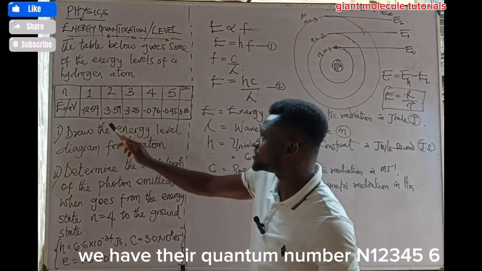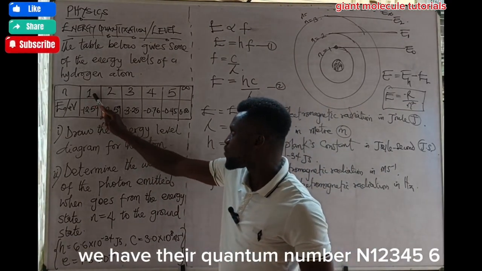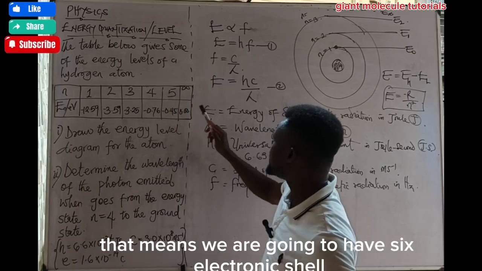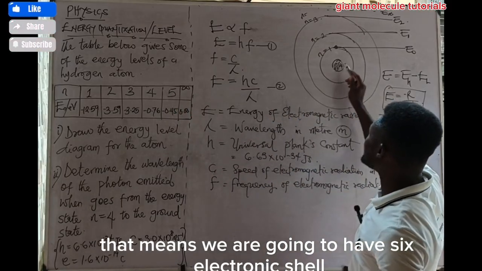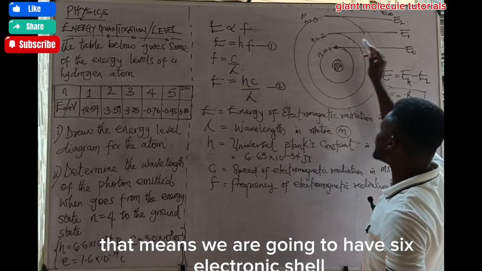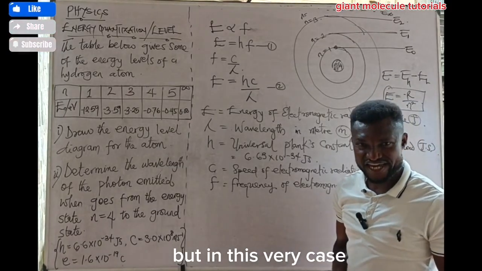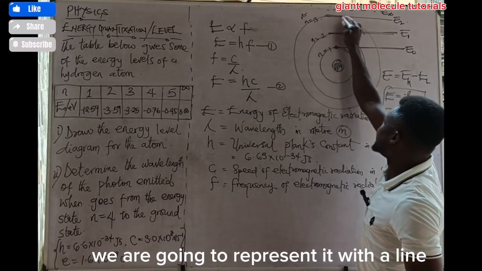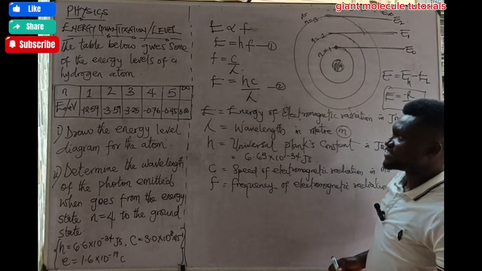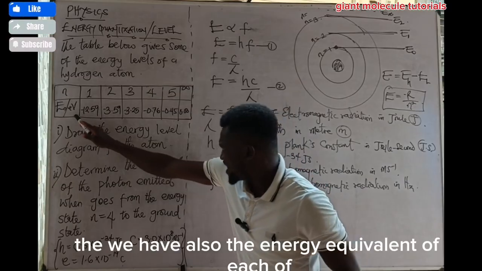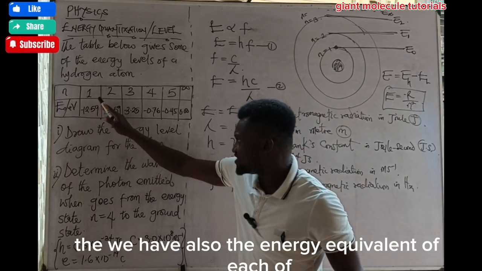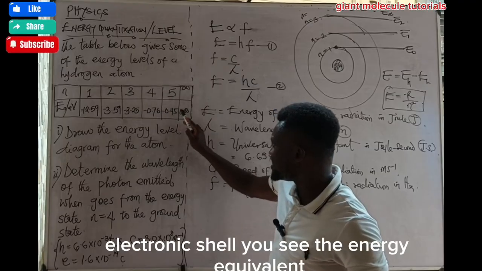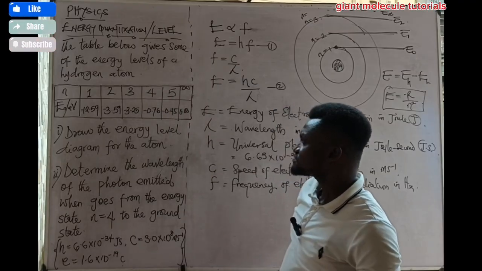We have their quantum number, n: 1, 2, 3, 4, 5, 6. That means we are going to have 6 electronic shells, but in this case, we are going to represent each with a line. We also have the energy equivalent of each electronic shell.